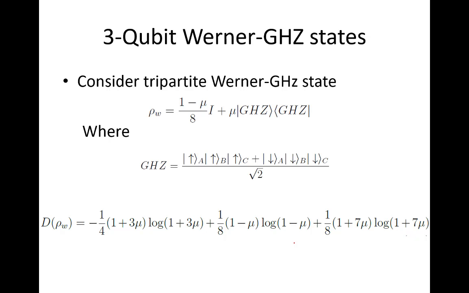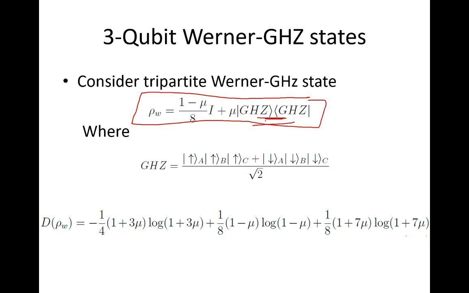Here I have taken the 3-qubit system, a tripartite system, and I have taken the 3-dimensional version of the Bell state, which is called the GHZ state after Greenberger, Horne, Shimony, and Zeilinger. This is a GHZ state, which is the 3-dimensional version of the Bell state, and I have made the Werner state with the general structure of the Werner state.